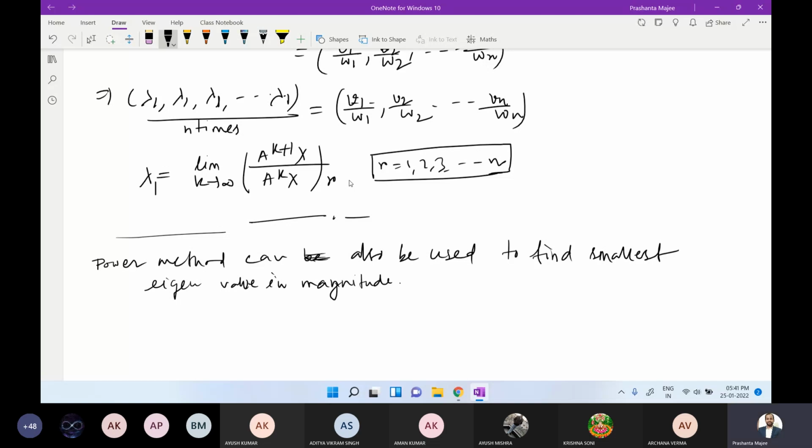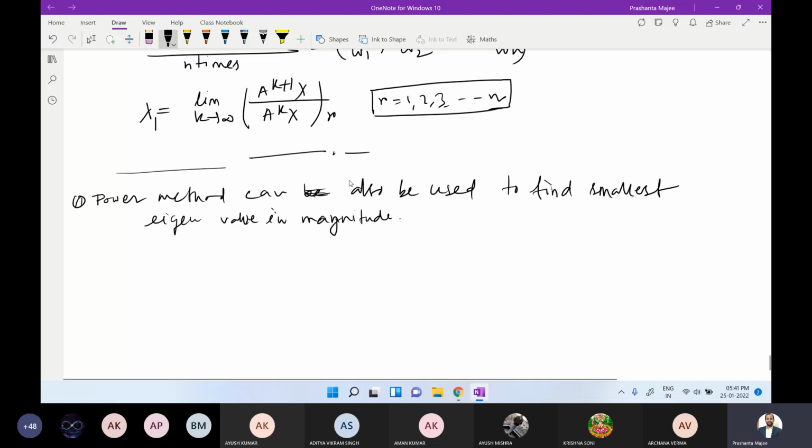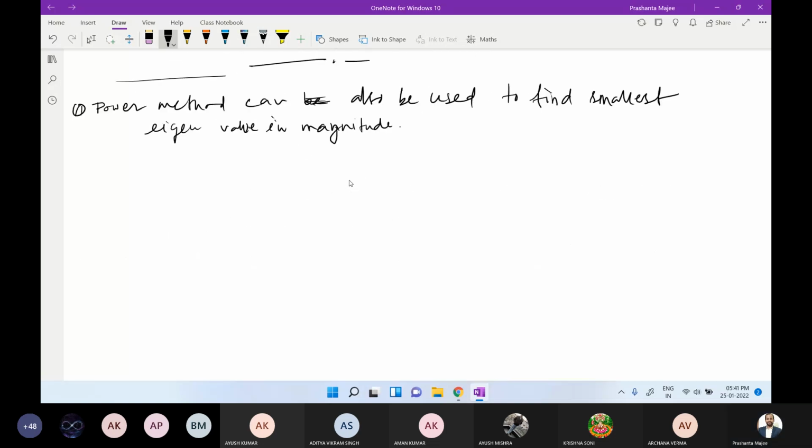How? So you know this result. Which result? Suppose lambda is an eigenvalue of A.